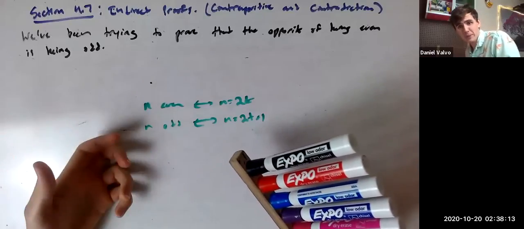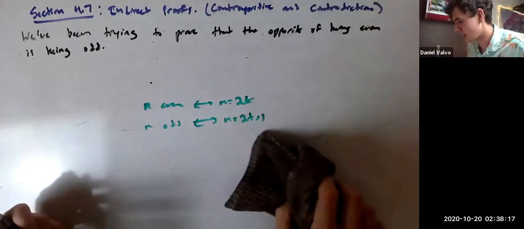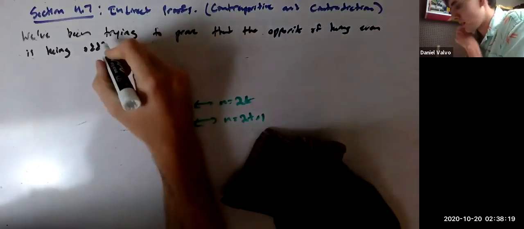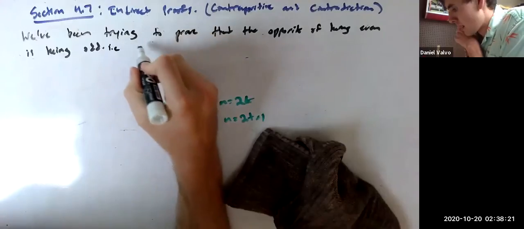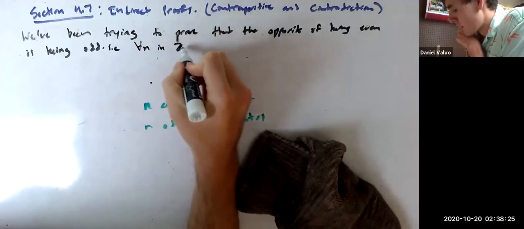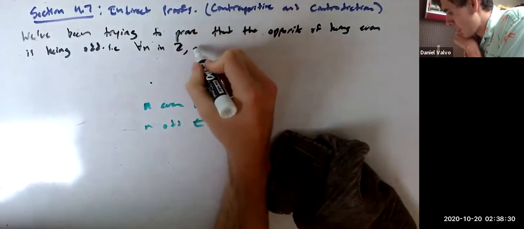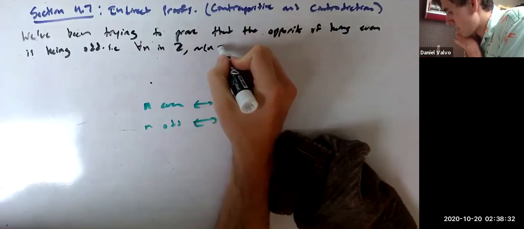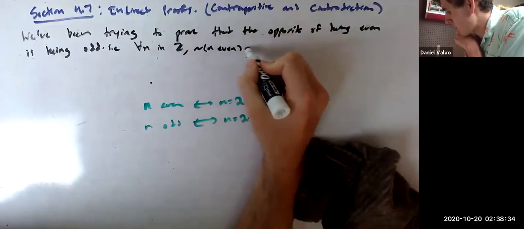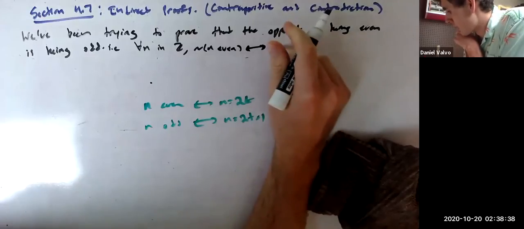To be an opposite, what I mean is it's the negation. So what we're trying to say here is that for all n in Z, the opposite of n being even is equivalent to n being odd.